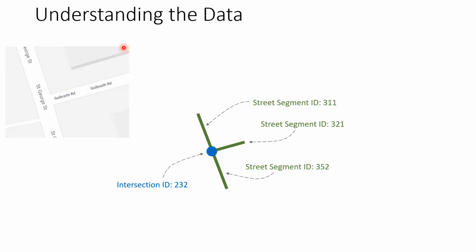So what will actually happen? Let's look at this intersection between St. George and Galbraith. We have this intersection ID 232. It is connected to 3 street segments, all of which have a street segment ID like this. So the first step is to call get non-intersection street segment of the intersection ID. It will return 3, meaning that we have 3 street segments connected to the intersection.